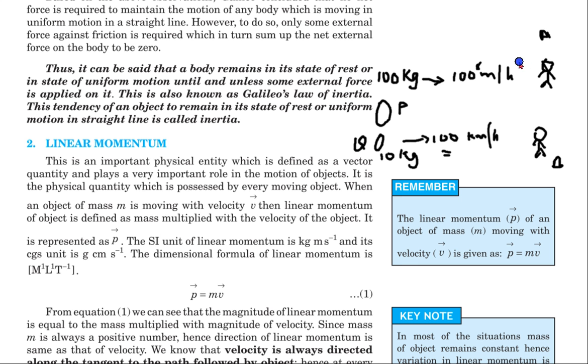That is, this 100 kg or heavier body has higher linear momentum. That is the meaning of momentum: a body produces more pain, more effect to another body which it strikes.